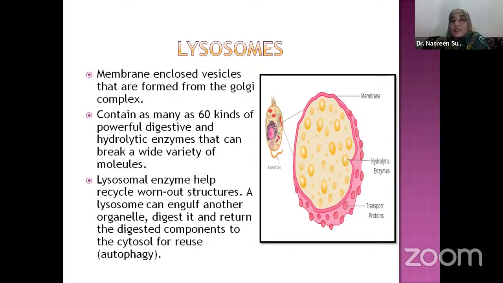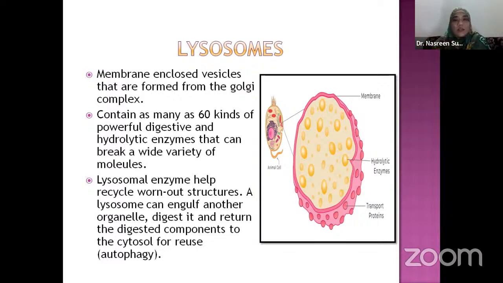Whatever microorganisms or microbes come inside the cell are digested. Harmful toxins will all be digested inside the lysosome because it contains very powerful digestive and hydrolytic enzymes. Also, these lysosomal enzymes help recycle worn-out structures.